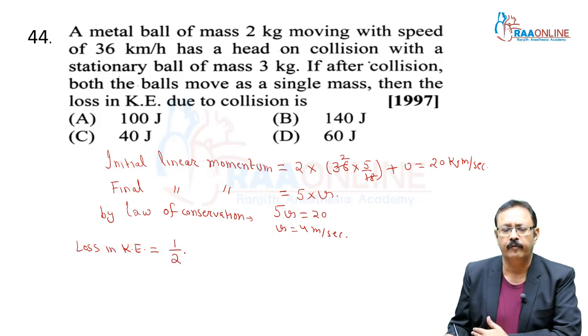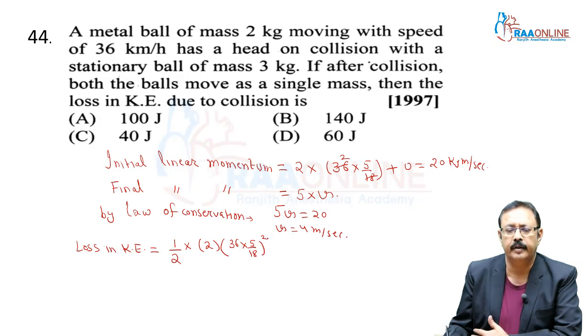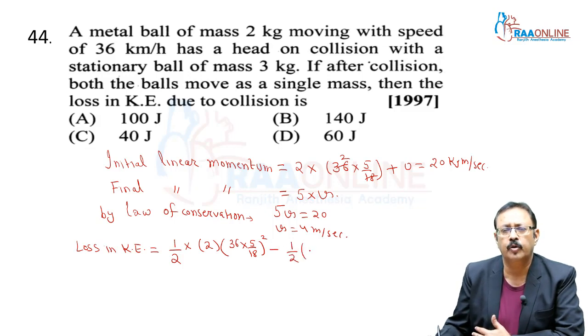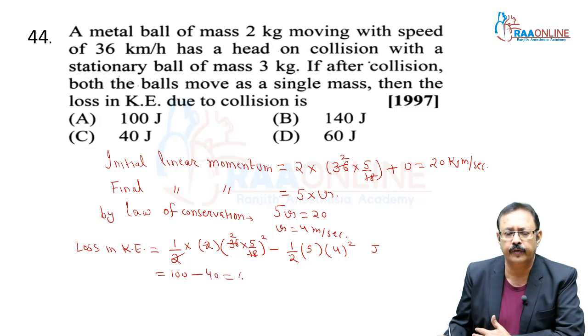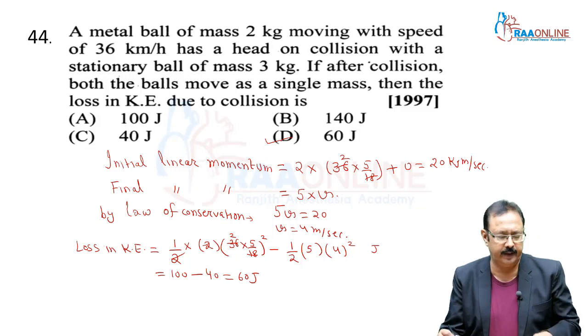Initial: one was at rest, so no kinetic energy with that, and it was half m, v was 36 into 5 by 18, square. Minus final: half, total mass is 5 kg and speed is 4, in joule. What we are getting? 18 2s are 36, 2 5s are 10, 10 square 100, cancel 2 with 2. So we are getting 100 minus 4 square is 16, 16 by 2 is 8, 8 into 5 is 40. So we are getting 60 joules. So we are going with D.